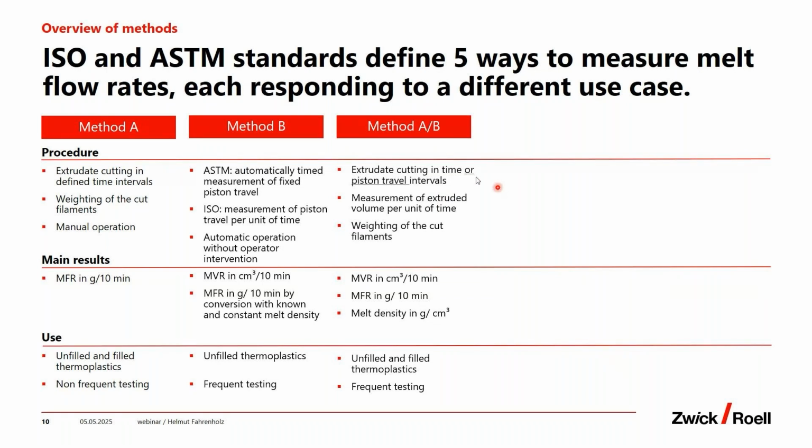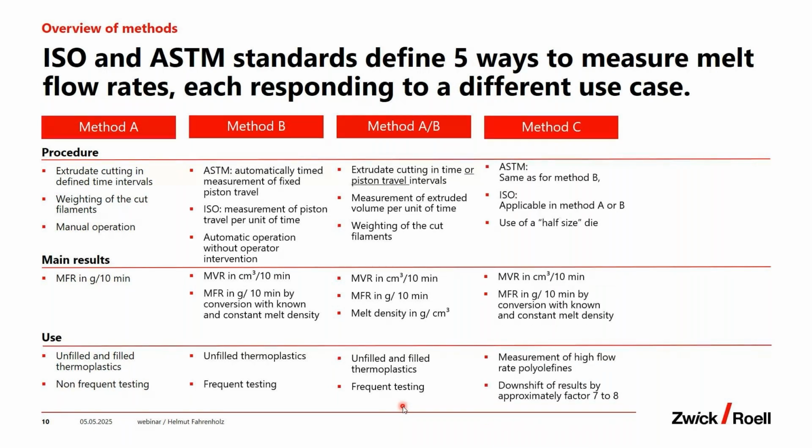And when we use this combined method A and B, we can determine the melt density, and we get out of the machine a directly measured MFR. Even so, we are in a test sequence which is similar to method B. So this is a very nice method, especially for frequent testing, as it is completely automatic.